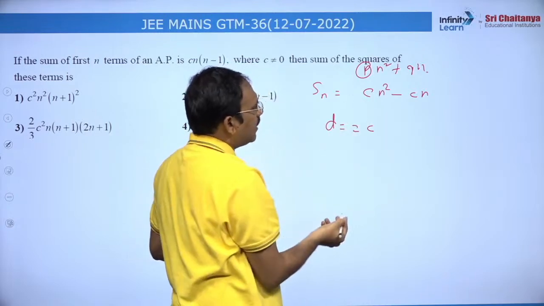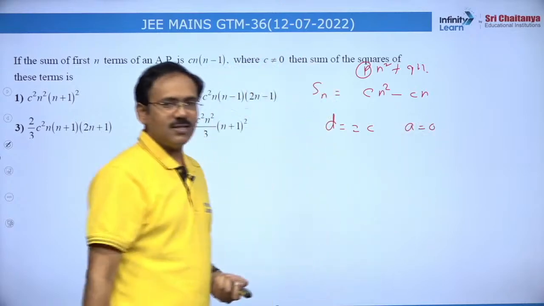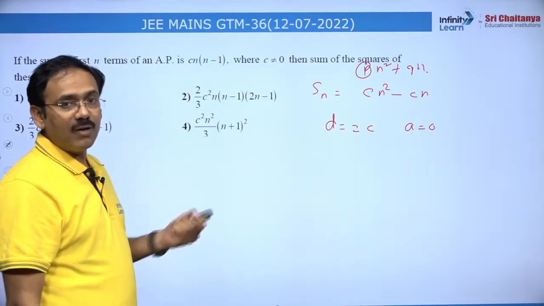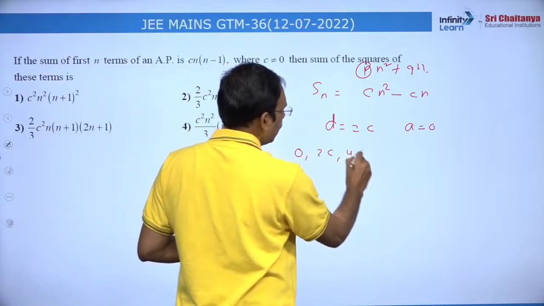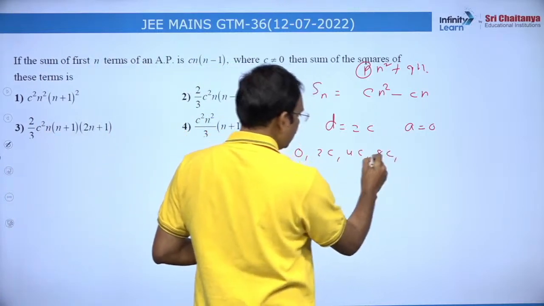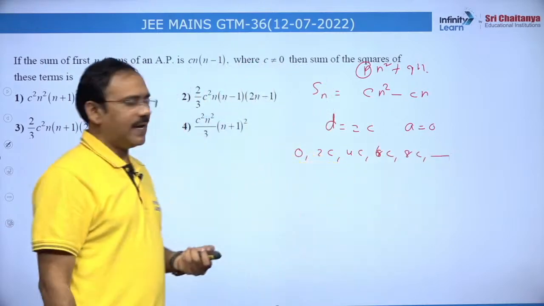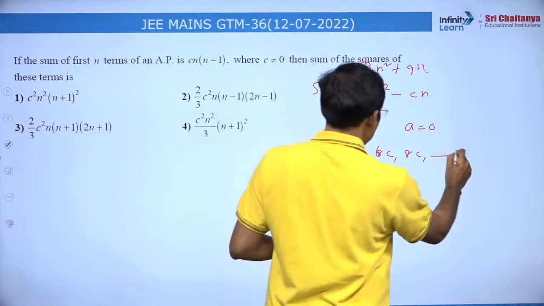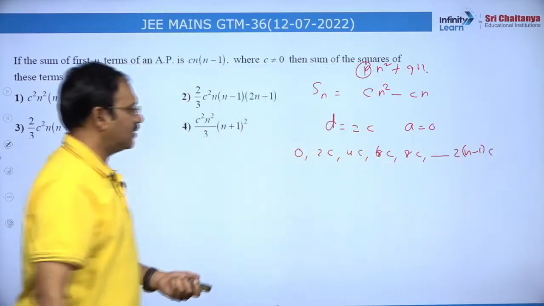For the first term, put n = 1, you will get the first term as 0, my dear friends. So, the first term is 0, the common difference is 2C, the sequence is going to be 0, 2C, 4C, 6C, 8C and so on. The nth term you can write as 2 into n minus 1 into C, because this is the second, this is the third, right.